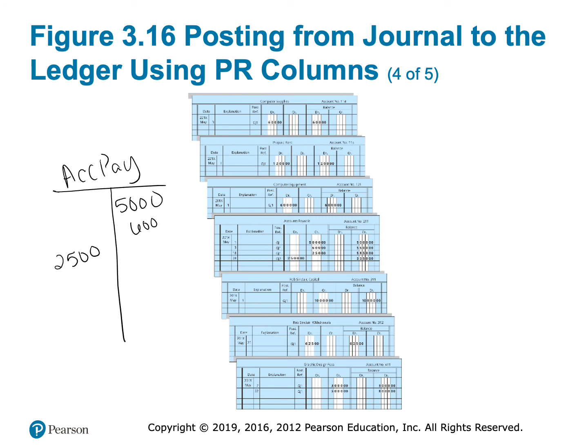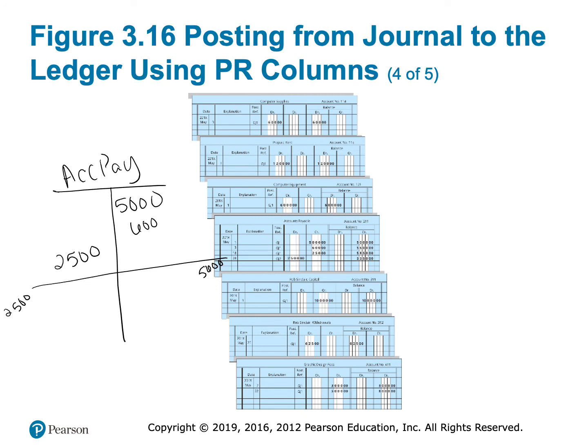So if I total this up here, again, I can foot these accounts. My credits total 5,600, my debits total 2,500. So the difference in those two accounts is 3,100.